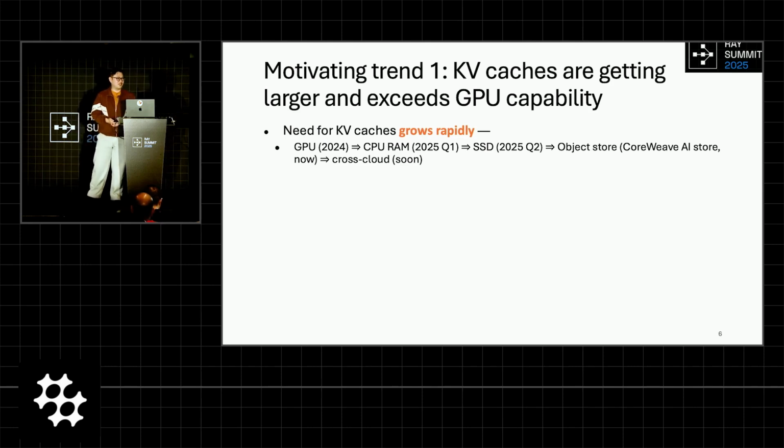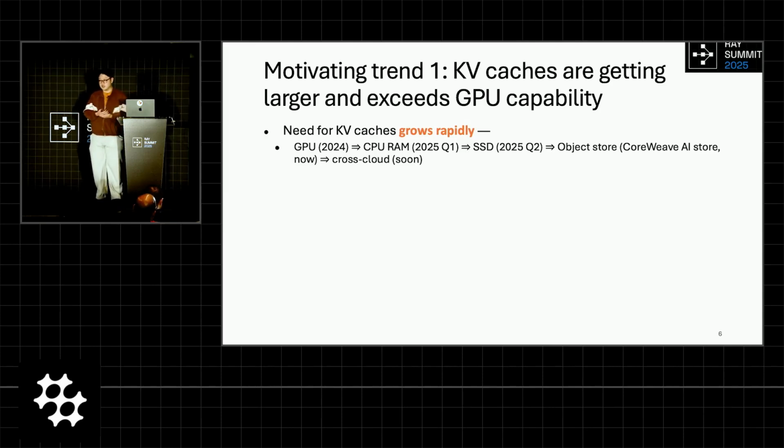The first motivating trend is that KV caches are getting larger and larger, and are exceeding GPU capacity. We found there's an underlying trend that KV caches are scaling pretty rapidly. In 2024, GPUs were typically enough for KV caches, but starting from Q1 this year, we started to see people requiring CPU RAM for KV caches.